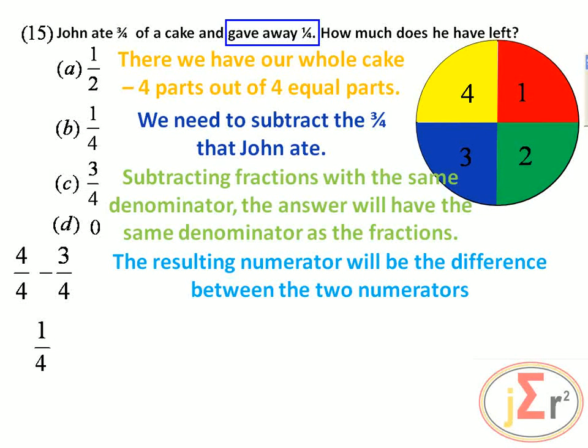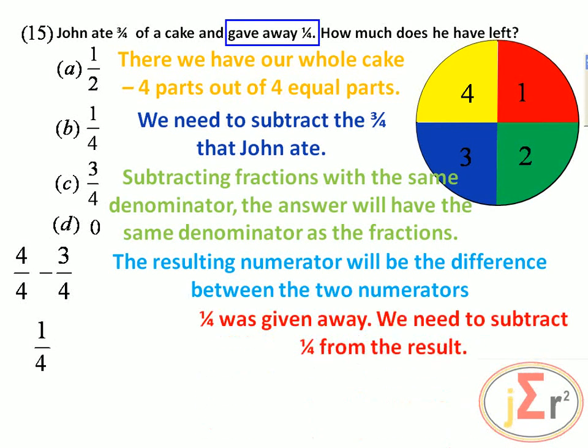Gave away a quarter. A quarter was given away. We need to subtract a quarter from the result. So that's the answer when we would have subtracted 3/4. Of the remaining cake, which is a quarter, we still need to subtract a quarter. And in mathematics, we know that if we subtract one number from itself, the result is 0.